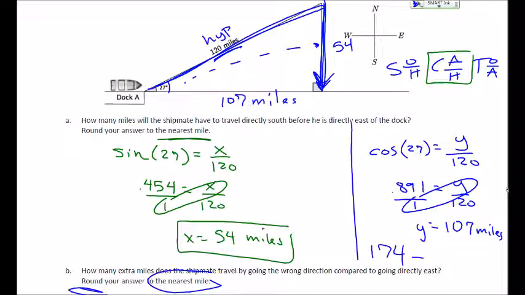But if I subtract the difference between that distance and the 107, then I find that the difference is 67 miles. So the shipmate accidentally traveled 67 more miles by making that mistake.